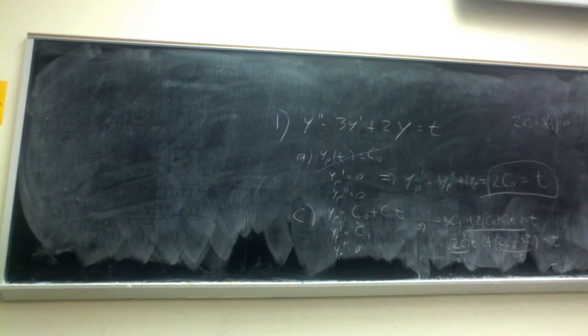Now, what ends up happening is, okay, something strange is going on. Okay. So now I need to rearrange this. All right, so I have e to the 2t on the left side.